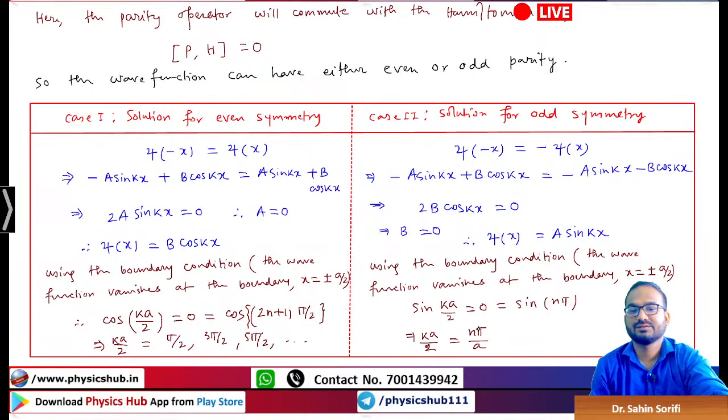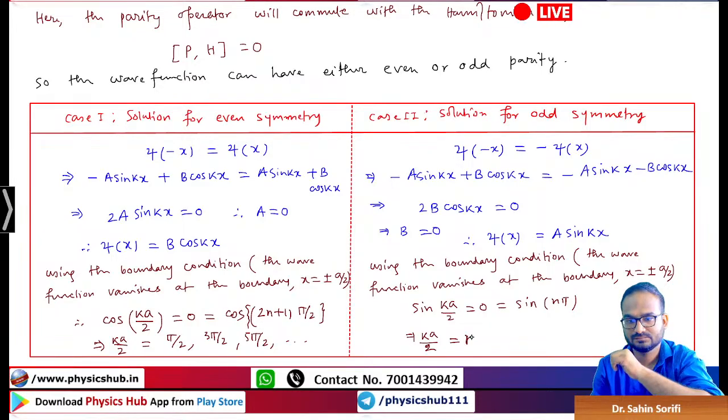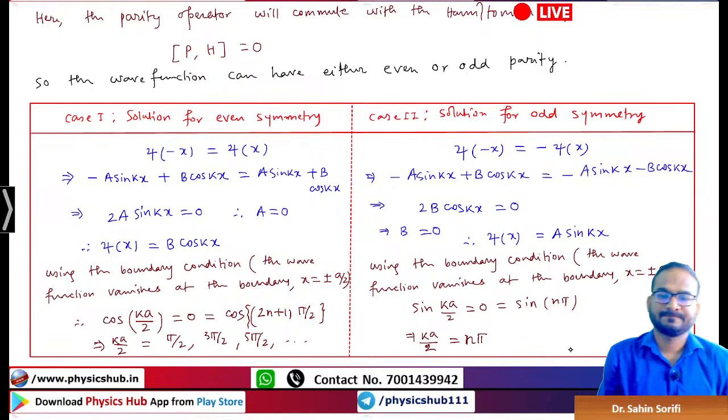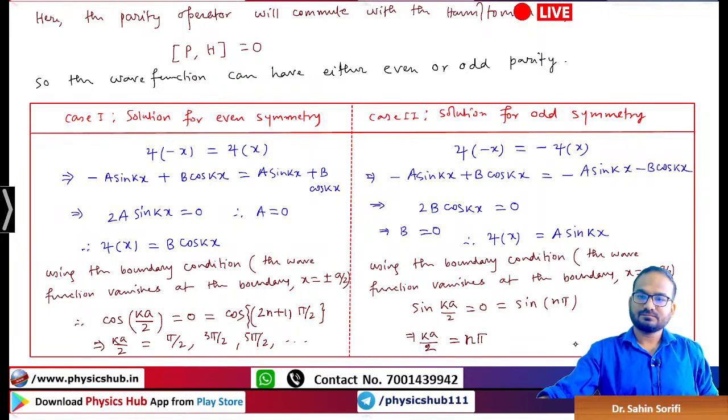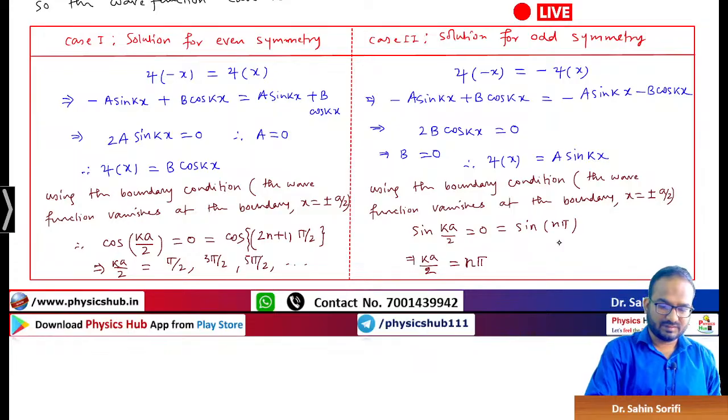Acha, k by 2 is equal to n pi. Is it clear?